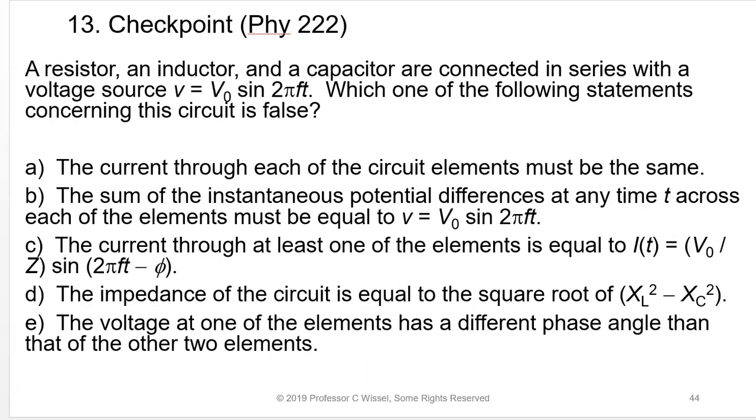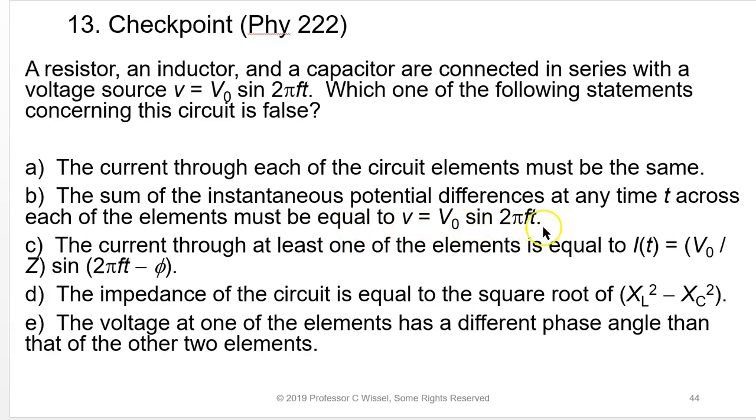Okay, let's go back for a minute and examine each of these choices. This one says the current through each of the circuit elements must be the same. Well, it's a series circuit, so yes, the current through each of the circuit elements must be the same. So that one's true. The next one says the sum of the instantaneous potential differences at any time t across each of the elements must be equal to V equals V naught times the sine of 2 pi ft.